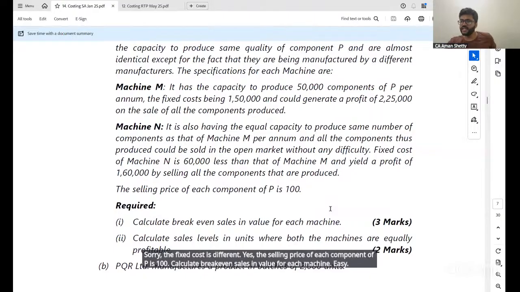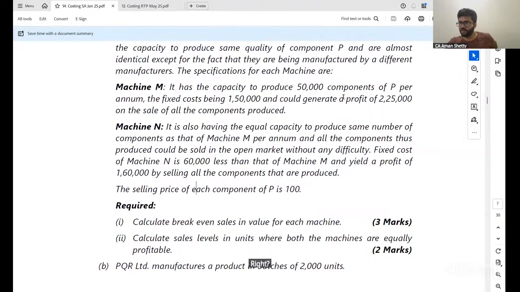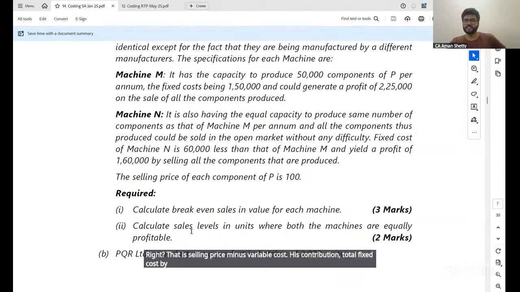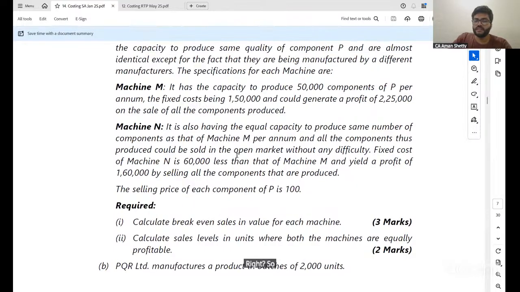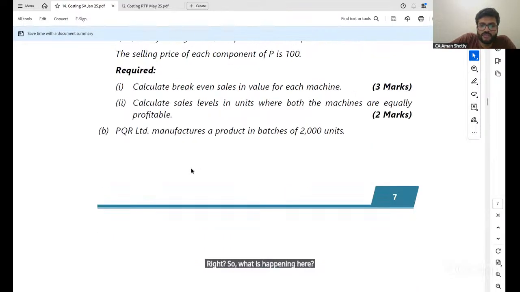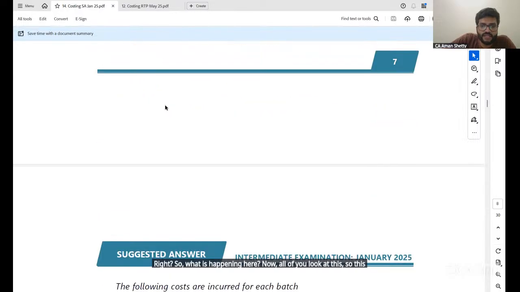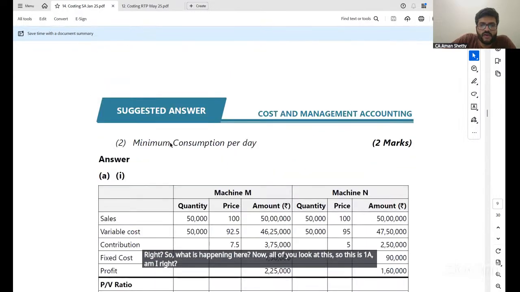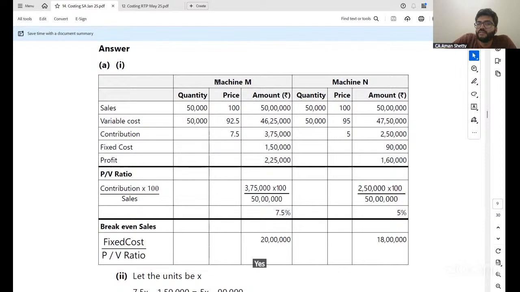Easy, right? Selling price minus variable cost is contribution. Total fixed cost by contribution will give me the break-even sales. Yes or no? So what is happening here? Now, all of you look at this. This is 1A. Machine N and machine M, quantity 50,000 each, selling price 100.